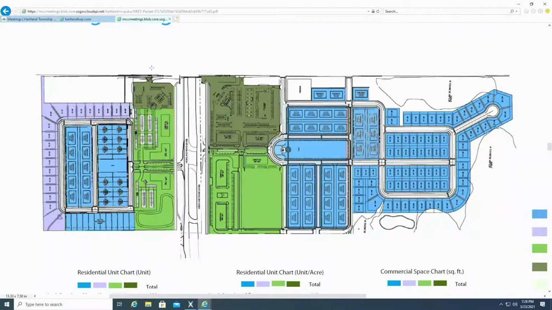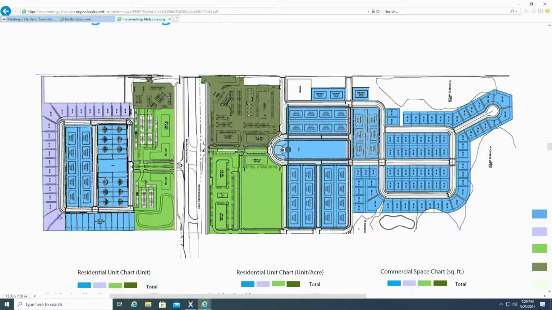Other questions? I have a question, I'm trying to use my pointer here. This looks like an entrance here. There's one in the commercial area. On the north side, though, the only one is right there. So that means all those people, as a secondary way of getting in and out, are going to have to go through this commercial area.